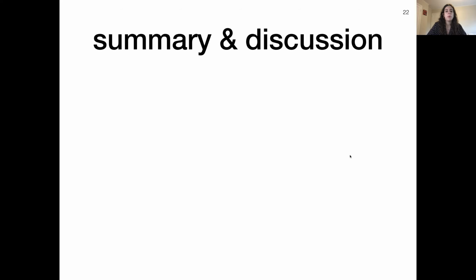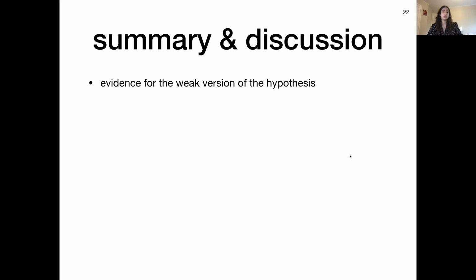So to sum up, we provide evidence for the weak version of the hypothesis that the propensity to redundantly use color and material adjectives may be driven by the asymmetry in the perceptual difficulty involved in establishing whether or not a particular object is of a particular color or material.